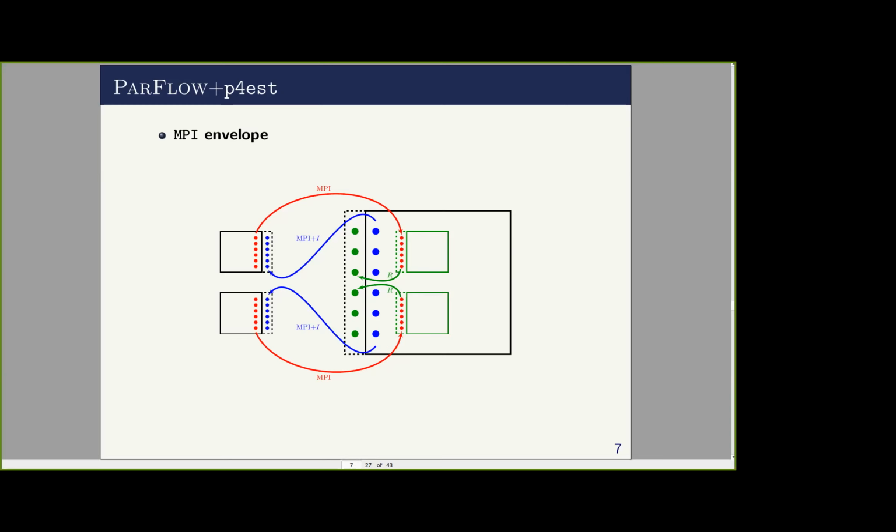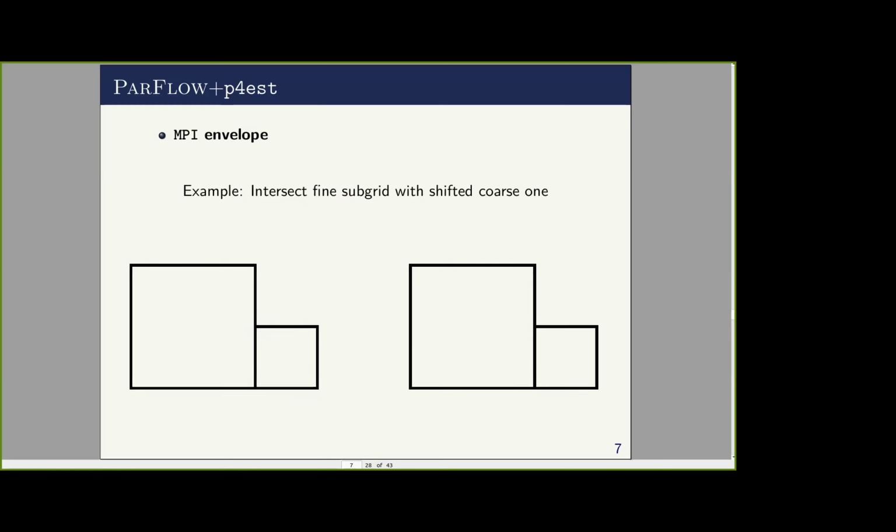So the previous set-based approach using intersections to compute send and receive regions and the MPI envelope has been generalized to account for this kind of situation. As an example, imagine that you have this big subgrid here, and you are in the situation where you have adjacent neighbor information needs. What Parflow will do is take the big one, shift it as the stencil says to the right, and then compute the intersection.